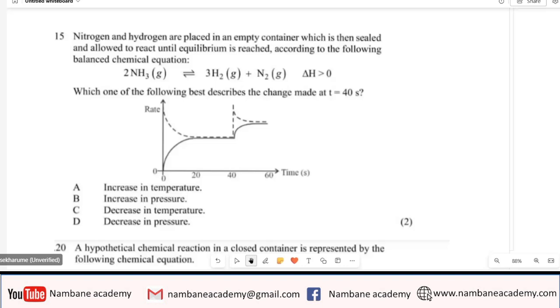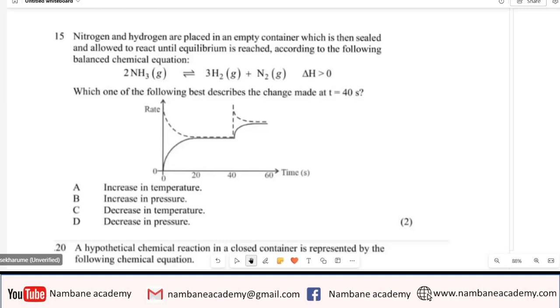So we look at 40 seconds. There was a disturbance. Is it an increase in temperature, increase in pressure, decrease in temperature, or decrease in pressure?